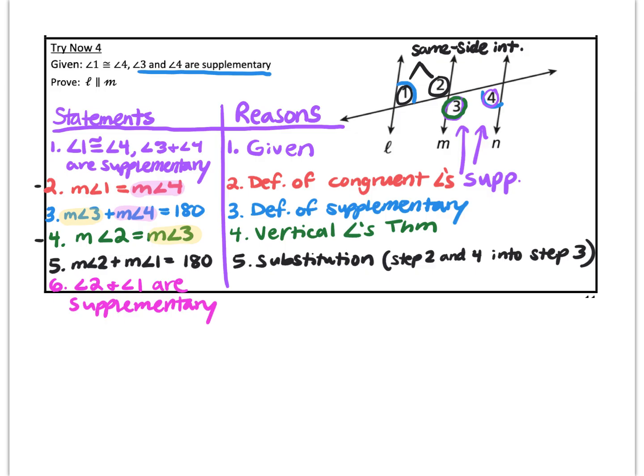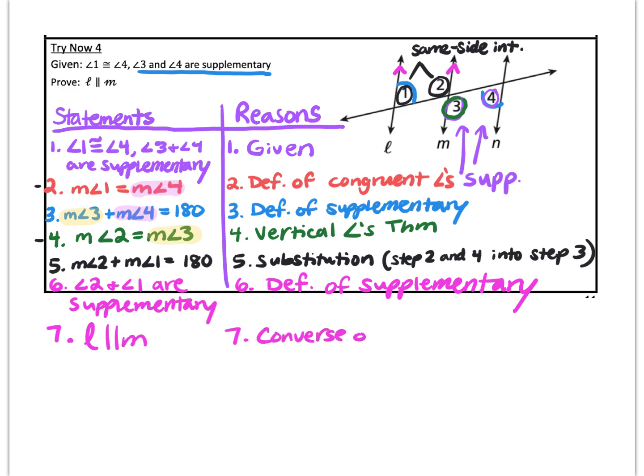And that's the definition of supplementary. And now, finally, 2 and 3, let's see how they are same side interior with L and M. So we can conclude our proof with line 7. L is parallel to M by converse of same side interior angles theorem.